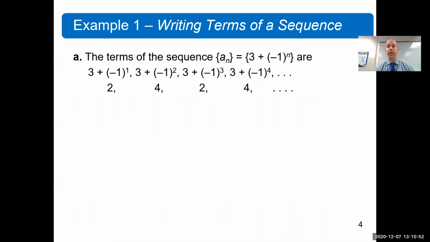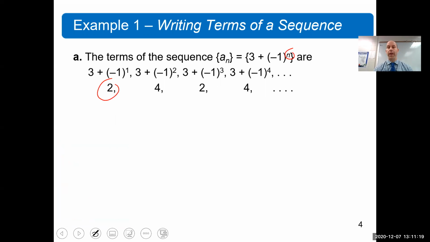So the terms of the sequence a sub n are given by the definition 3 plus negative 1 to the nth power. If we did the first term, you would plug 1 in for n. That's going to be 3 plus negative 1 to the 1, so that's 3 plus negative 1, which is 2.